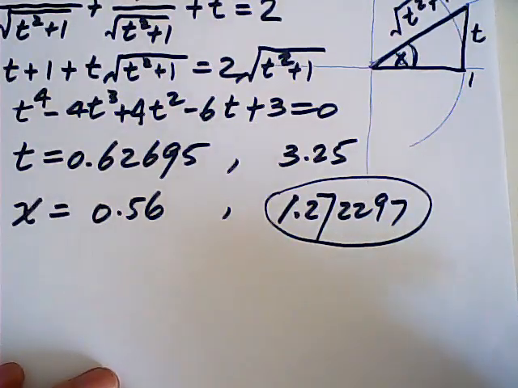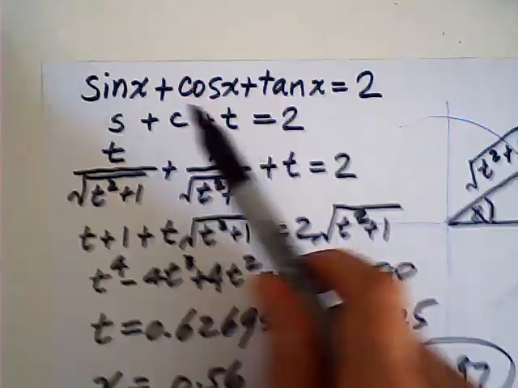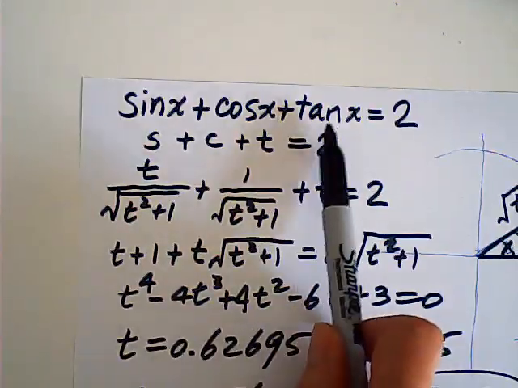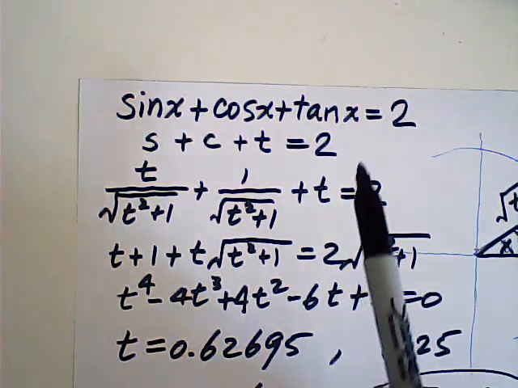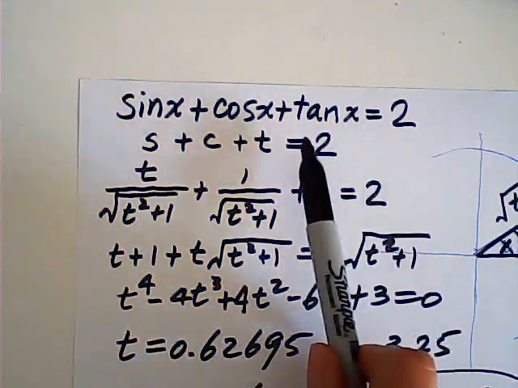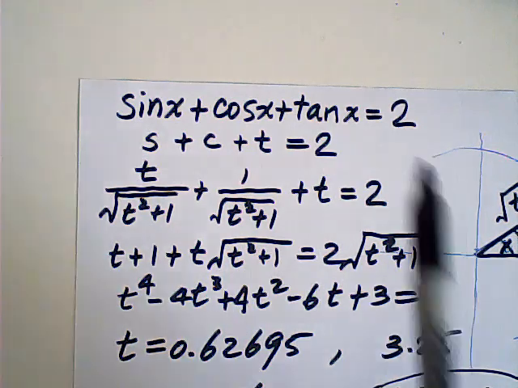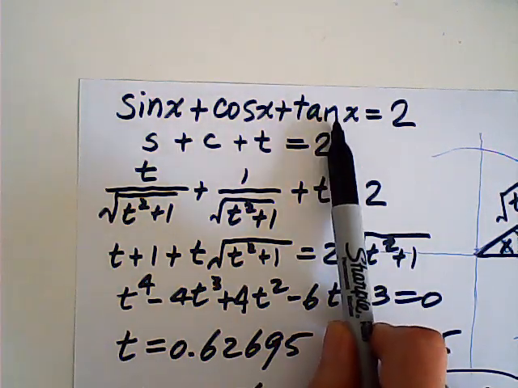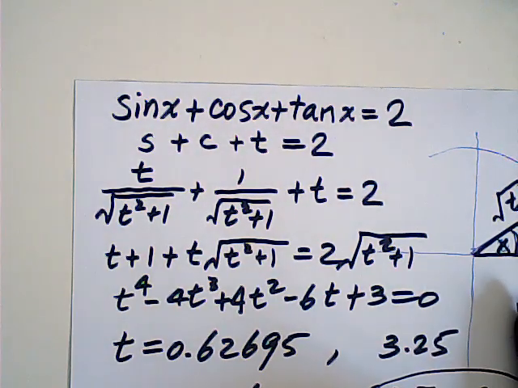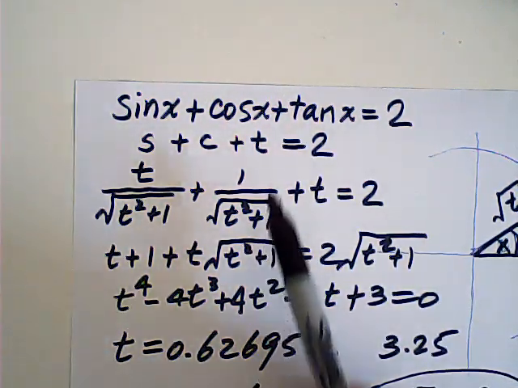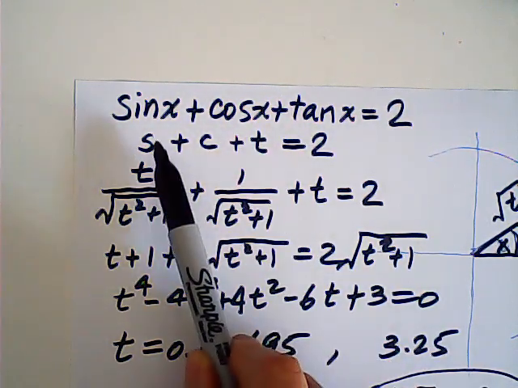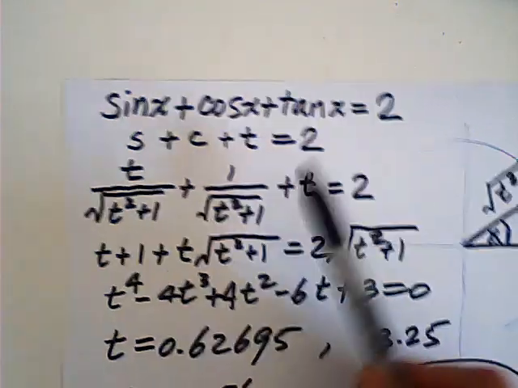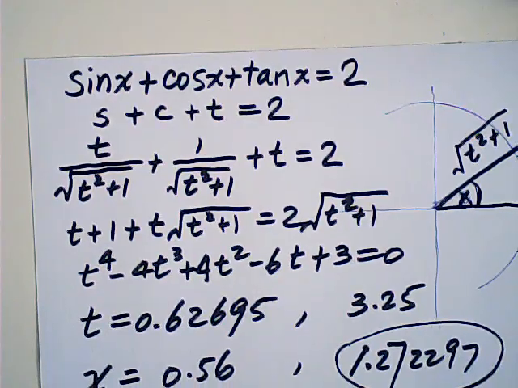Must be in the third quadrant. As we said before, x must be in the third quadrant. Why? Because in the other quadrants, the second and fourth, tangent is negative. If tangent is negative, then sine plus cosine will be greater than 2.